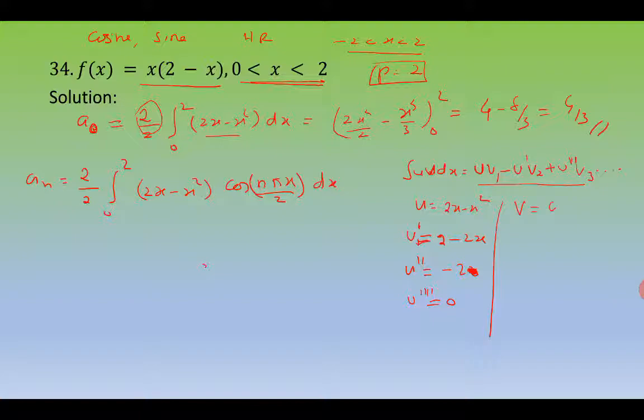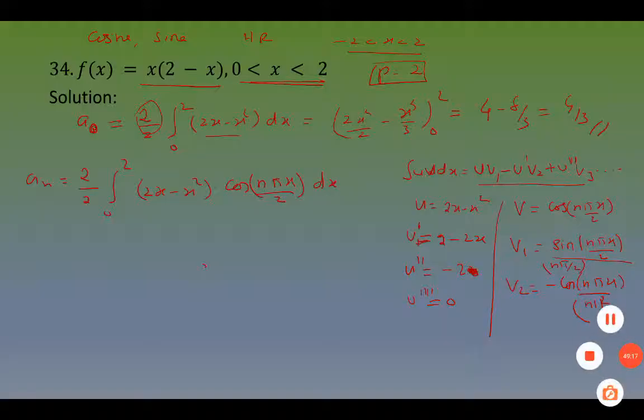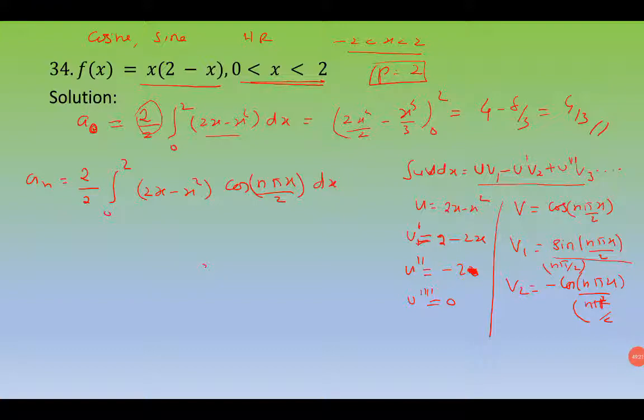What is v? V is cosine n pi x over 2. v1, integration of cosine, is sine n pi x over 2 divided by n pi over 2. v2, integration of sine, is minus cosine n pi x over 2 divided by n pi over 2 whole square. v3 is minus sine n pi x over 2 divided by n pi over 2 whole cube.